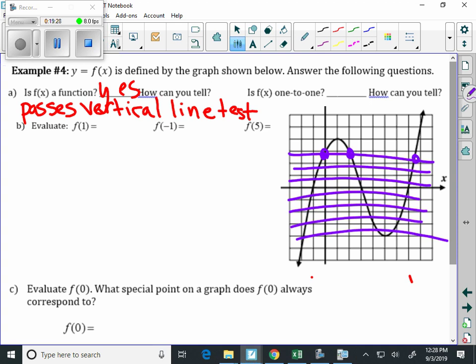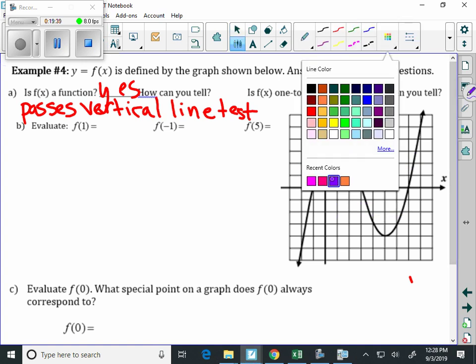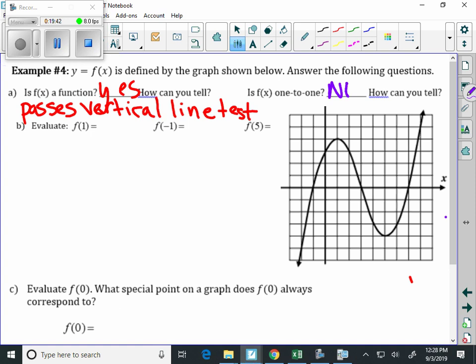And because a horizontal line will touch that graph more than once, our function is not one-to-one. And the horizontal line test is the reason. And if you prefer, you can write HLT for horizontal line test, like VLT, vertical line test. By the way, one-to-one means that no x value can repeat and no y value can repeat either.